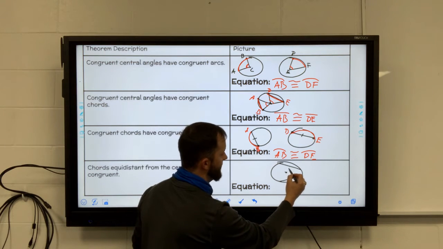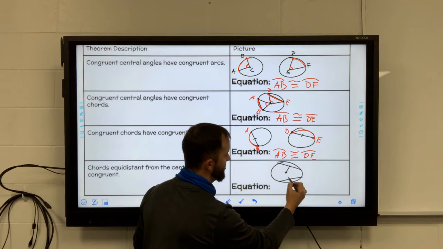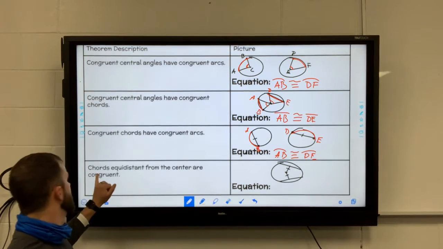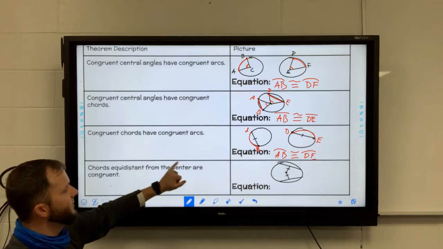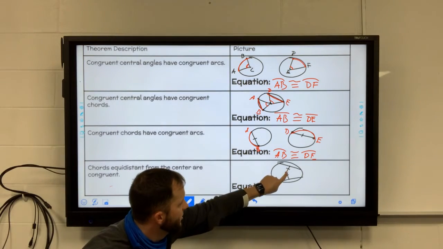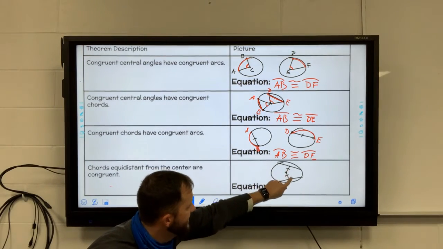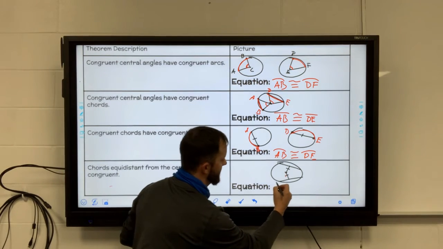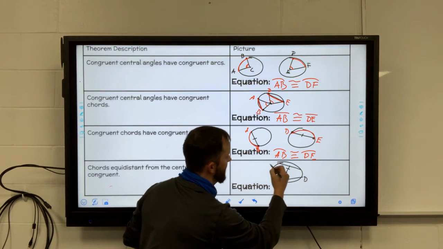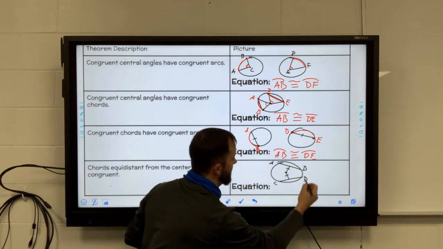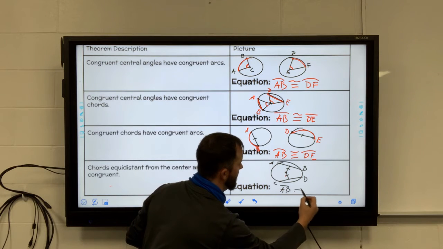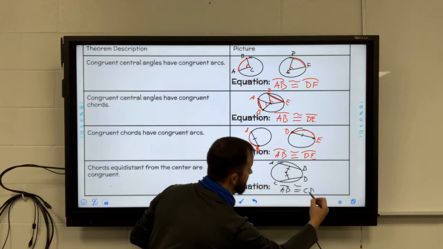From the center to that chord, and from the center to that chord, if those two distances are equal, chords equidistant from the center, then those two chords would be congruent. So let's say I named this CD and this AB, then line AB would be congruent to line CD.